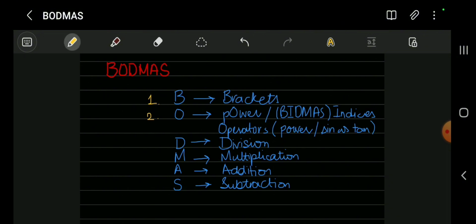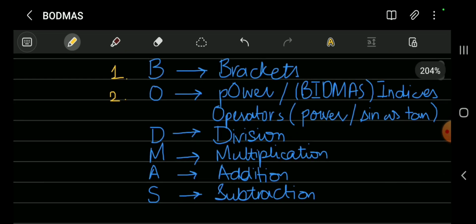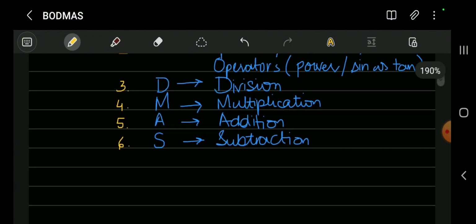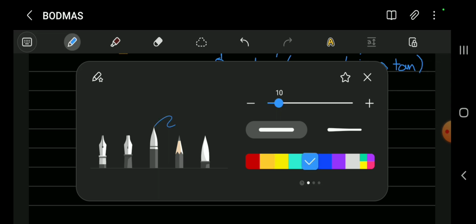So secondly, you are going to solve the power, and at the third step you are going to do the division, if there is any in your expression, then multiplication, then addition, then subtraction. And it is not necessary that in your expression you are going to deal with all the operations at once. There can be some of them, and you are just going to follow the same order.